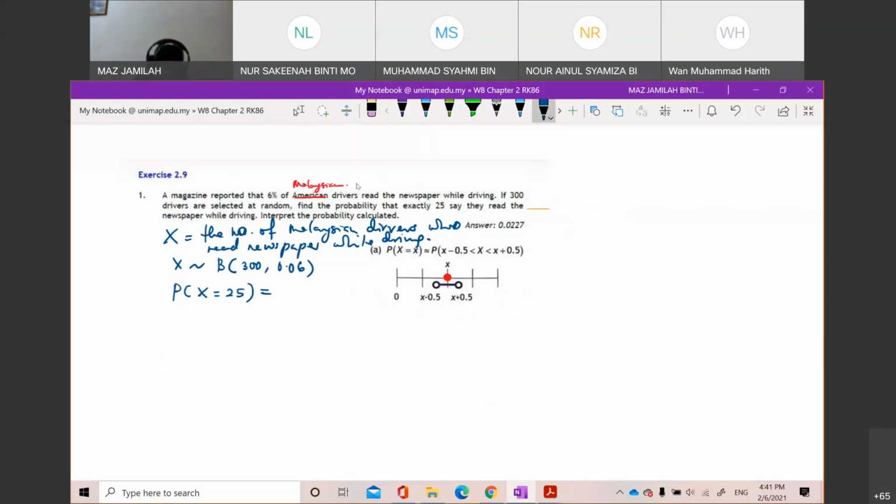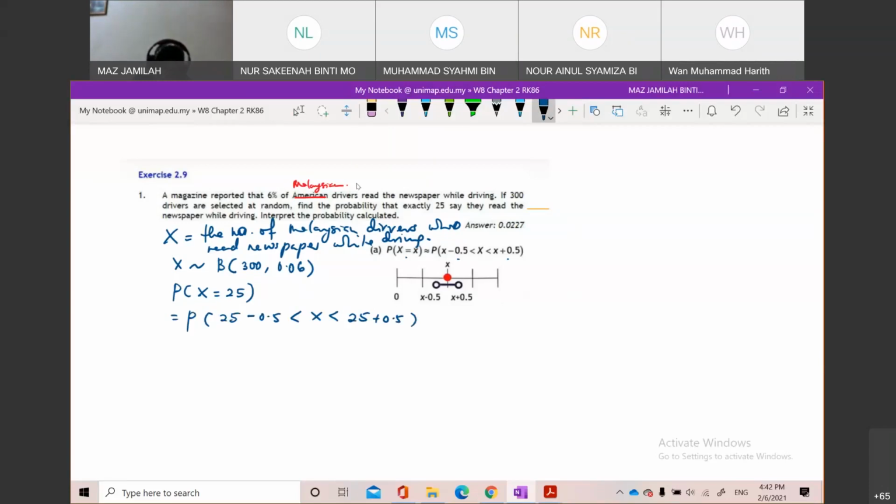So as usual, the first step. P(X = 25) becomes between two values: 25 minus 0.5 and 25 plus 0.5.